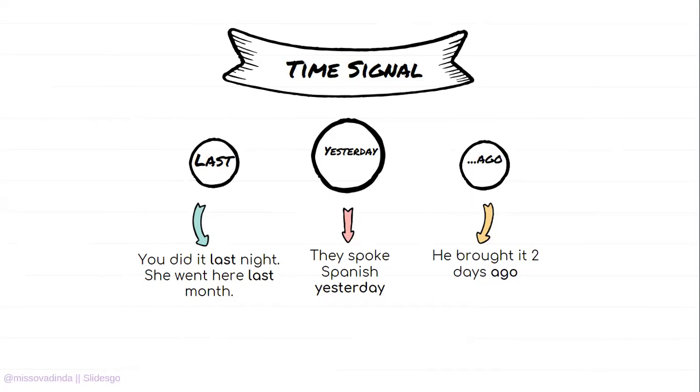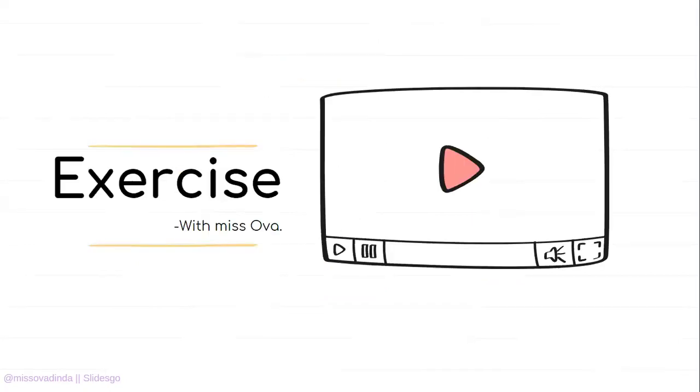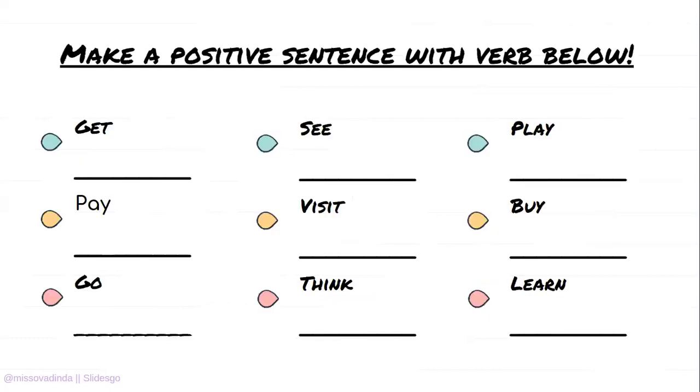Yes, you can. Because without any time signal, people will understand if you are talking about past by reviewing your auxiliary or your verb two. As simple as that. Okay, let's go to the next exercise.